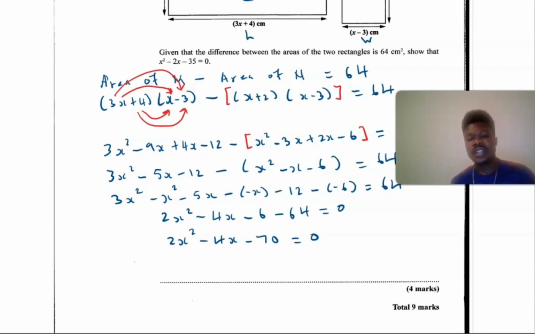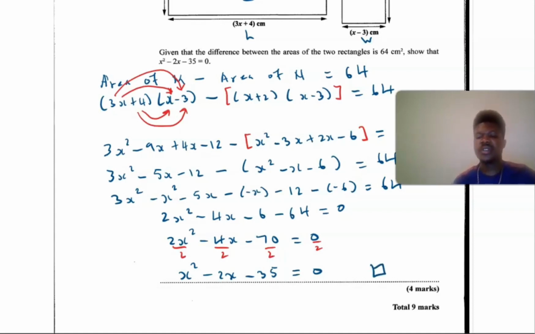When we reach a situation like this, we look at the difference between what we currently have and what we're expected to have. And the difference here is a multiple of 2. So we can divide through by 2. Which is going to leave us with x squared minus 2x minus 35 is equal to 0. And we have proven it. So there we are.